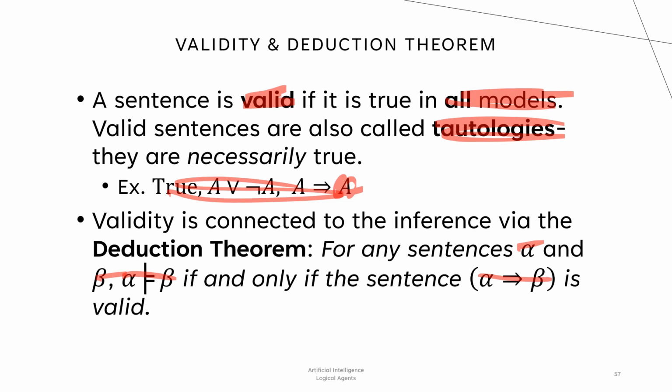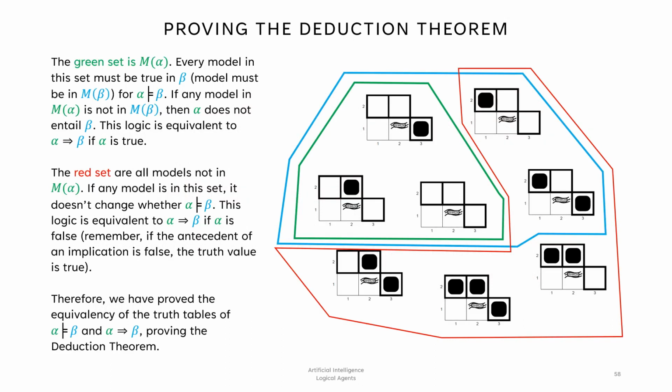Does everyone understand why that is? Okay, cool. You can check back in the slides later if you want a further explanation, but basically we're just saying that the truth table that we saw for the implication is equivalent to the truth table that would be drawn by entailment.